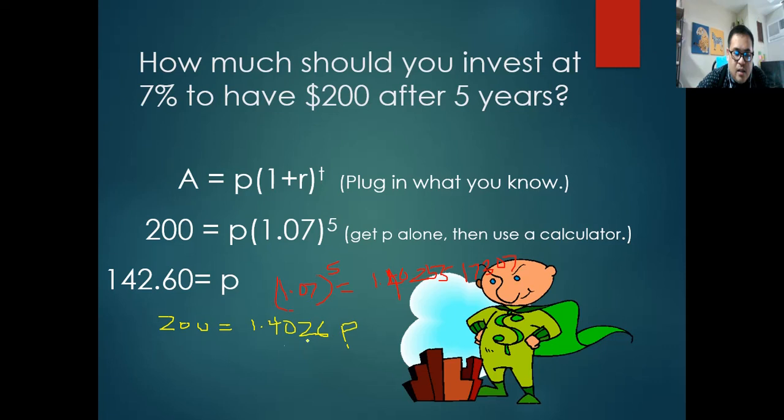Okay, P. To get your P, divide both sides by 1.4026. So you can cancel this one. So 200 divided by 1.4026 is equal to 142.59.